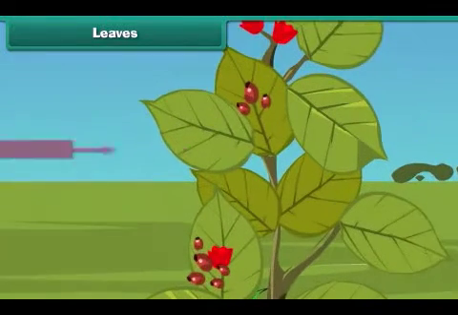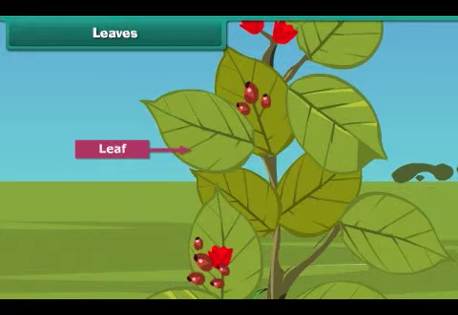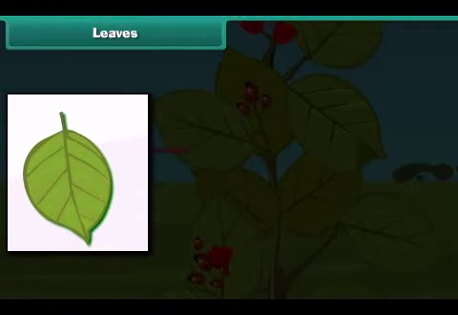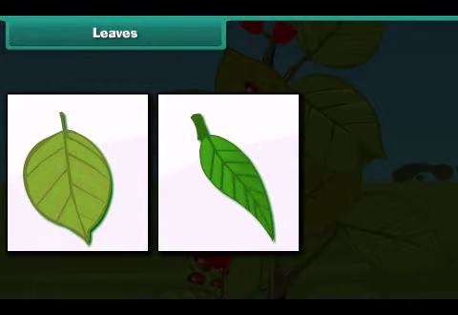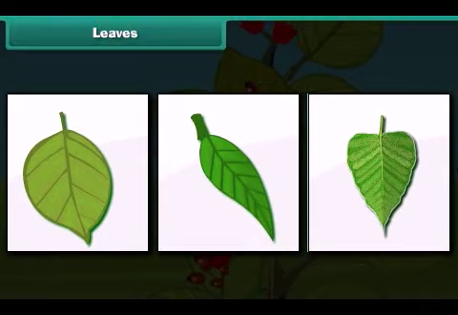Next part of the plant is leaf. It is the green part of the plant that is borne on the stem. They are of different shapes. Some are round, some are long, and some are triangular. The surface of a leaf is known as margin, and their margins are also different, like their shapes.